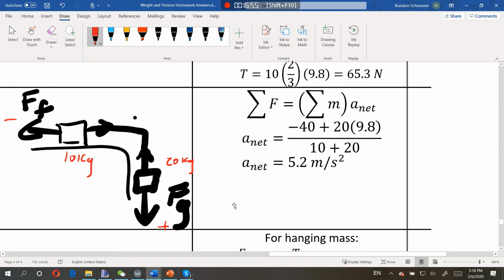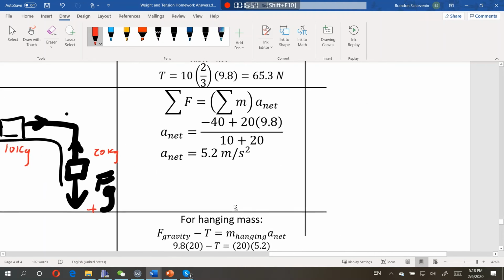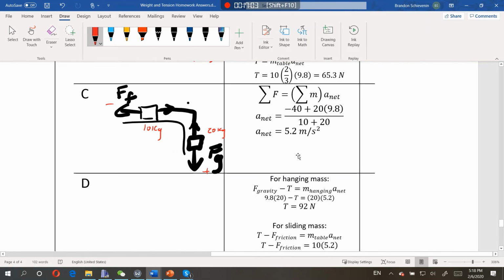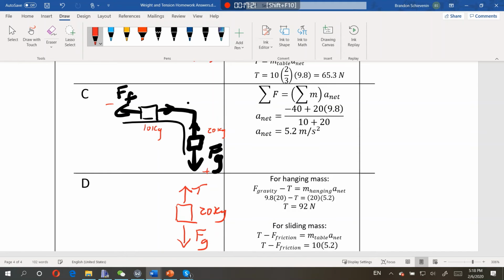Okay, I was also asked to find the force of tension if we had that force of friction. So there's two ways that I could have done that. I can either look only at the mass that is hanging, so that would be my 20 kilogram mass, which has a force of tension and a force of gravity.